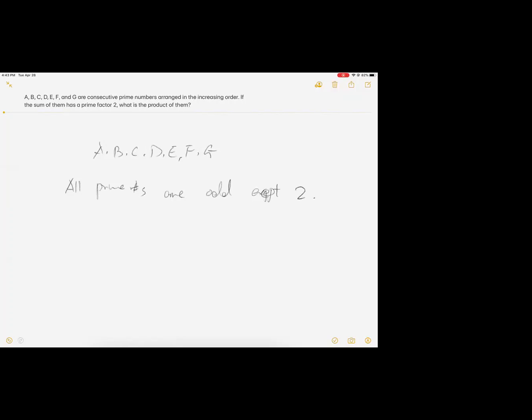Okay, go ahead. And then you see there's 7 numbers, and you know that 2 has to be one of them. If 2 is not there, then you add up an odd number of odd numbers. Then the sum has to be odd, right? So that means 2 has to be in the group.